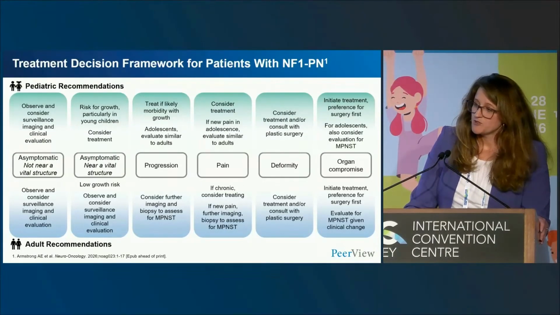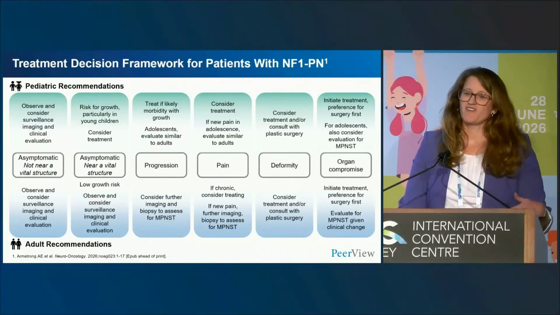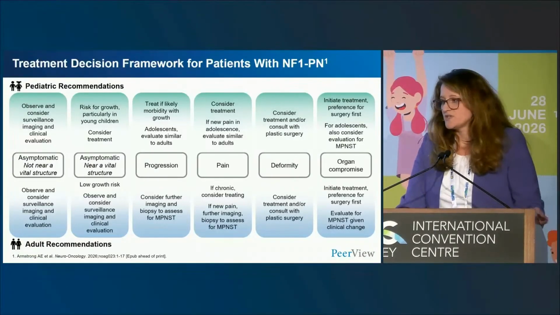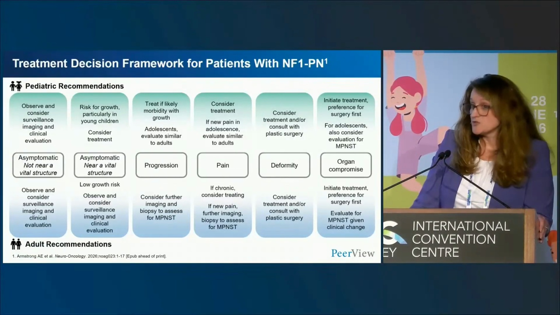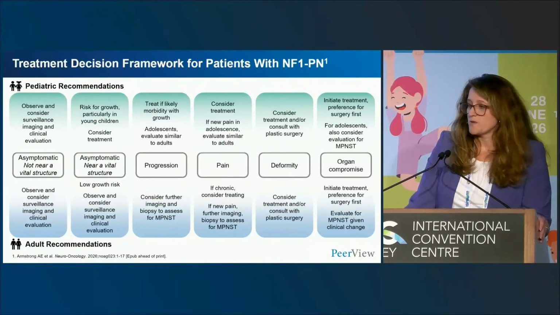For asymptomatic tumors near a vital structure, this becomes a bit more difficult. There's particular risk of growth in these young patients, and so you're trying to anticipate, are they going to run into trouble with where this tumor is? And so it's okay to continue to observe very closely, maybe even more closely, or consider treatment.